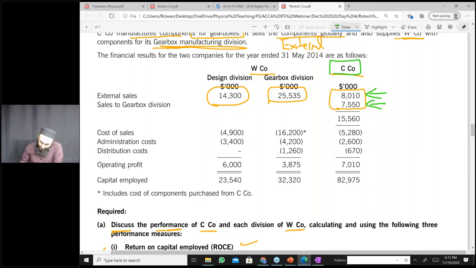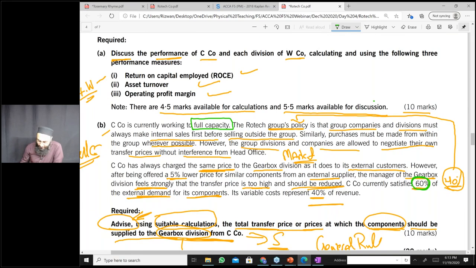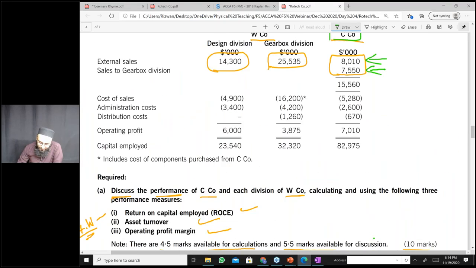Okay. You should know that the question states that currently it is fulfilling 60% of the external demand, which means the revenue that you are seeing here, 8010, is basically 60% fulfilling the external market. Agreed?